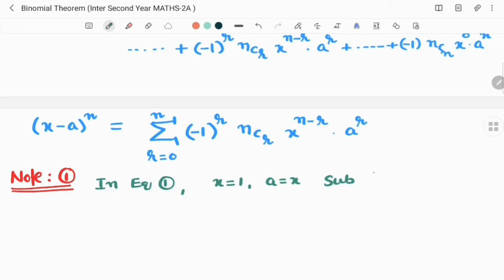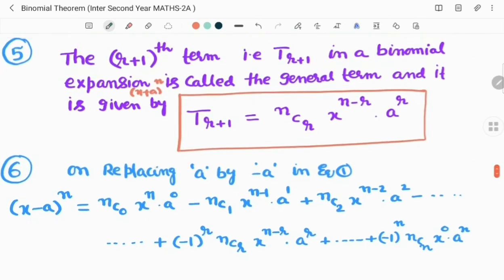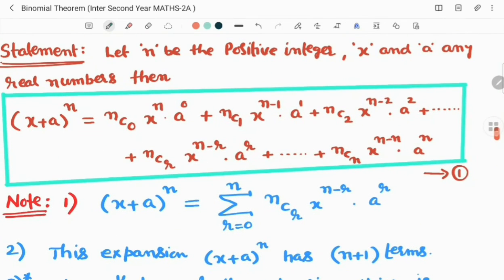Substitute, then it becomes 1 plus x whole power n equal to, in this expansion x plus a whole power n, in place of x, 1, in place of a, x. So wherever x and a are there, replace them with 1 and x.